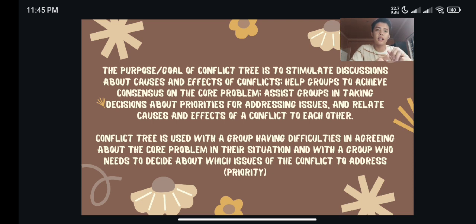And the conflict tree is used with a group having difficulties in agreeing about the core problem in their situation, and with a group who needs to decide which issues of the conflict to address as a priority.